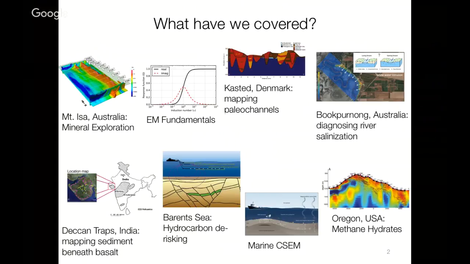Well, we did DC resistivity, and again, as I said this morning, recasting the resistivity problem in terms of charges, I think is hugely beneficial. And then we looked at the DC resistivity for Mount Isa. Talked about the EM fundamentals. I hope that you now see this curve, this response function here, and you're completely comfortable with it.